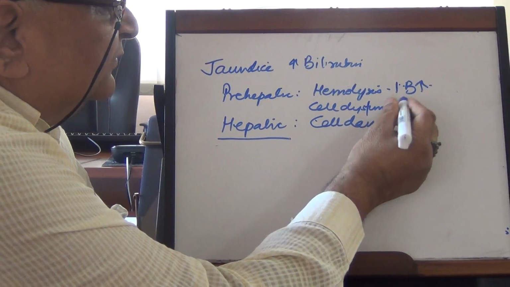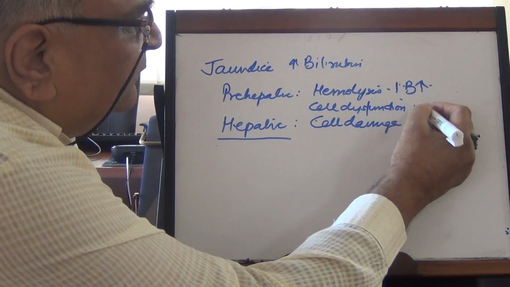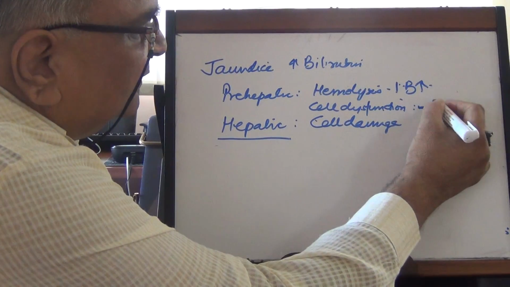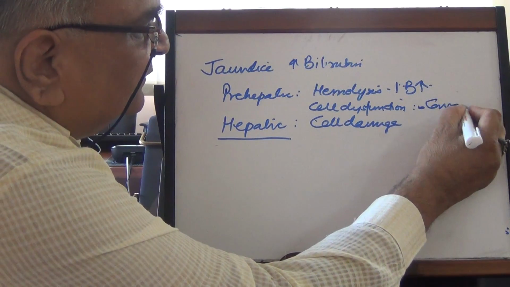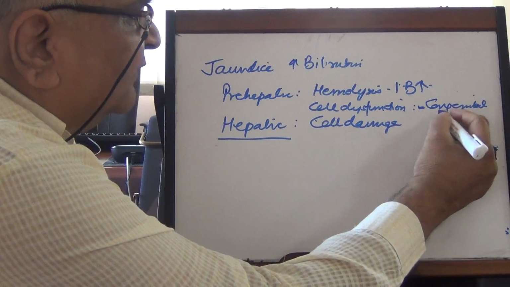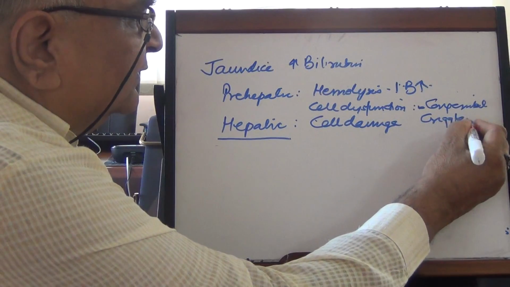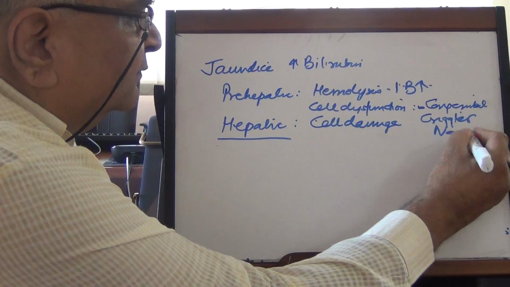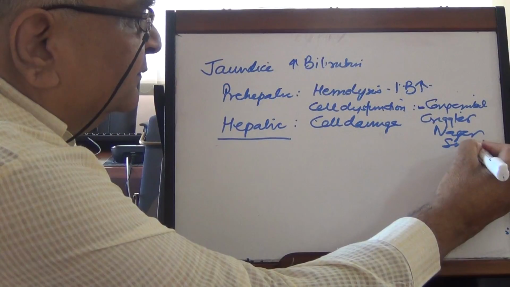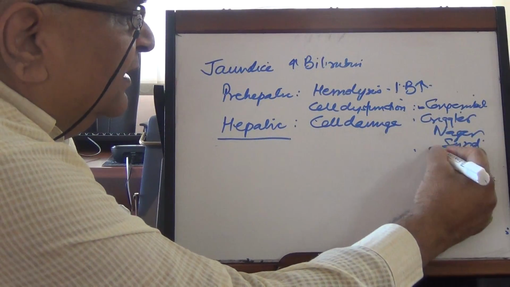Supposing the cell is not able to conjugate bilirubin, it is in certain congenital conditions, enzymatic defects, and there are two syndromes associated with it, the Crigler-Najjar syndrome and the Gilbert syndrome.